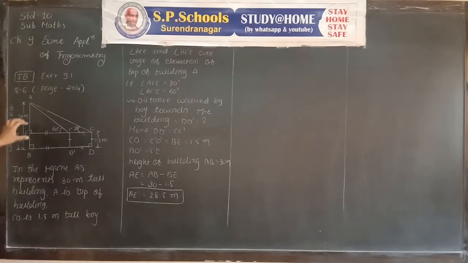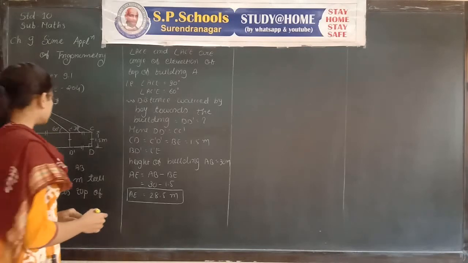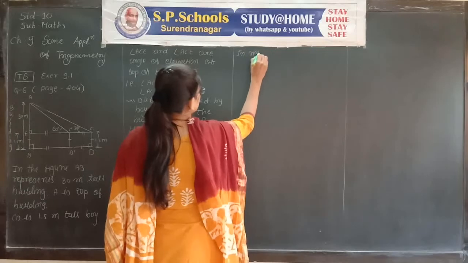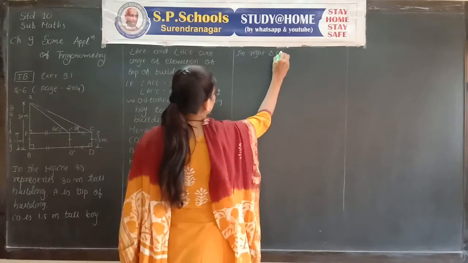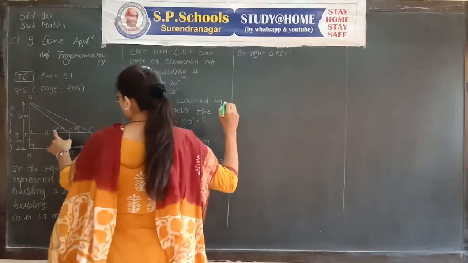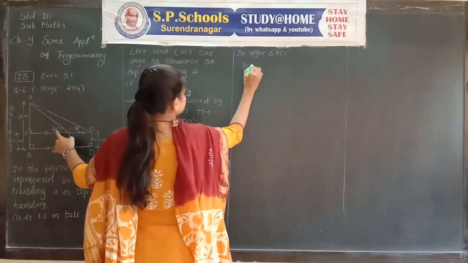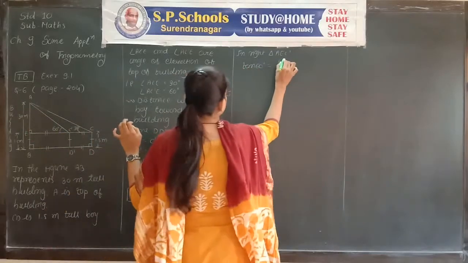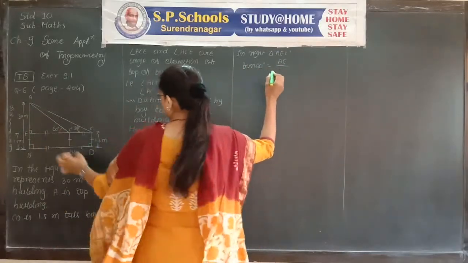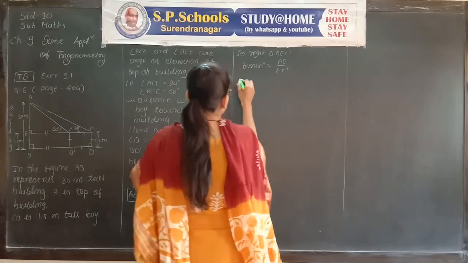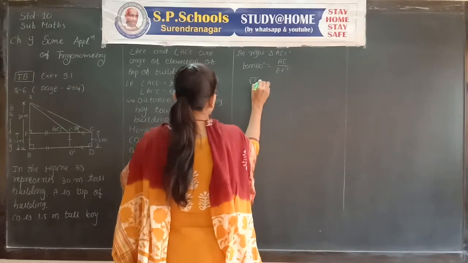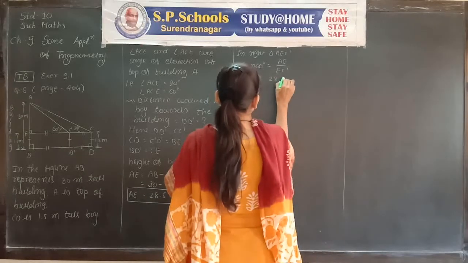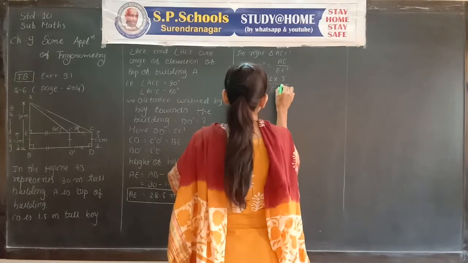Now first of all we have to use right triangle AEC dash. In right triangle AEC dash, use tan 60 equals its opposite AE upon adjacent EC dash. Now tan 60 equals root 3, AE equals 28.5 upon EC dash, which remains as it is.